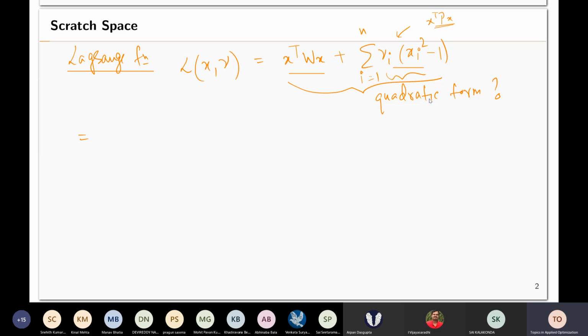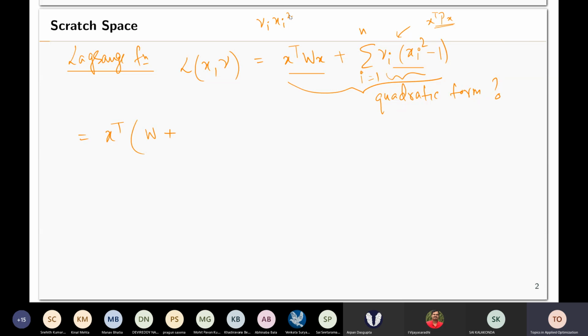Okay, so now we can continue from here. Since we want to see this overall as a quadratic form, we want to write this in this compact form x transpose Px. So let us take common x transpose, and in the P we have the first term W, and then nu_i, but I want to see this as a matrix, right? So how can we see these terms? nu_i xi square.